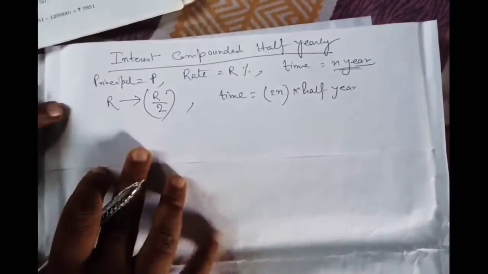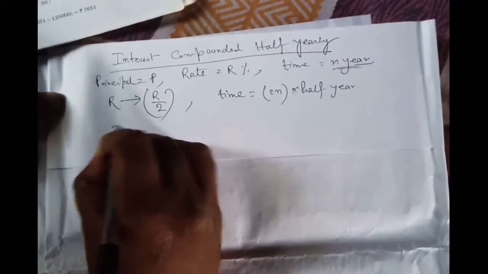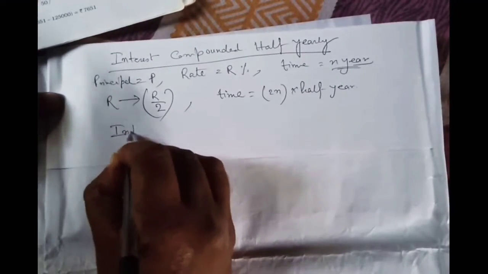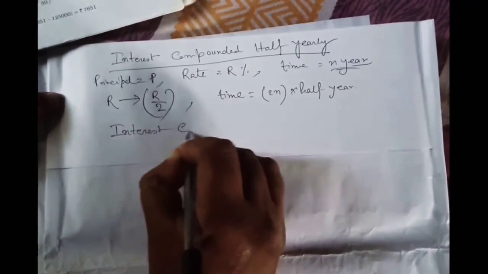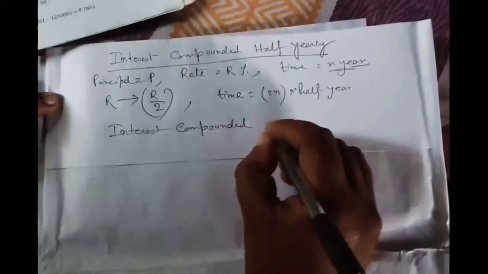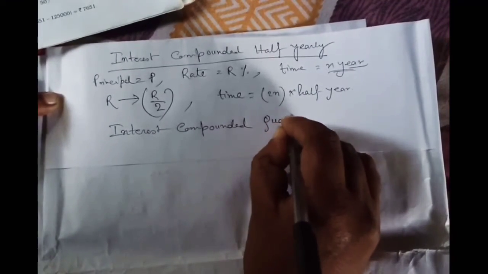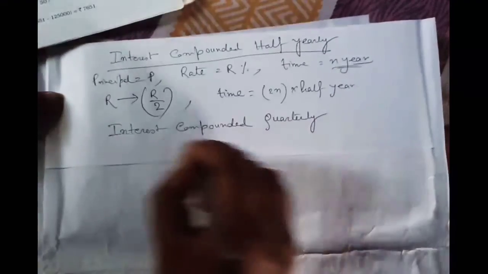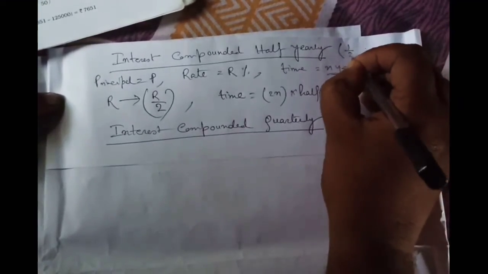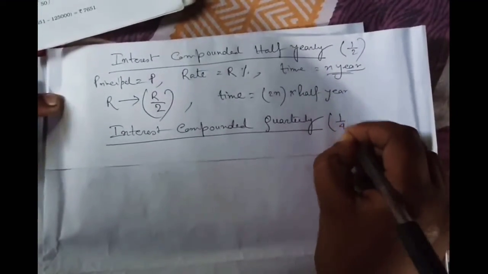Next come to interest compounded quarterly. Now half year means 1 by 2, quarter means 1 by 4.